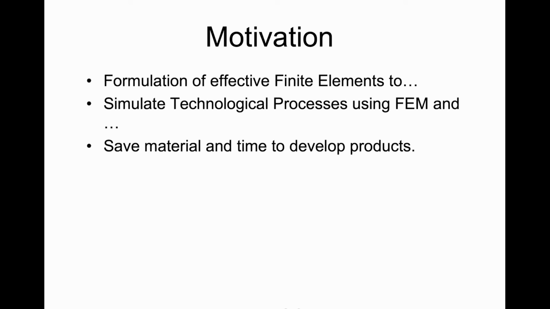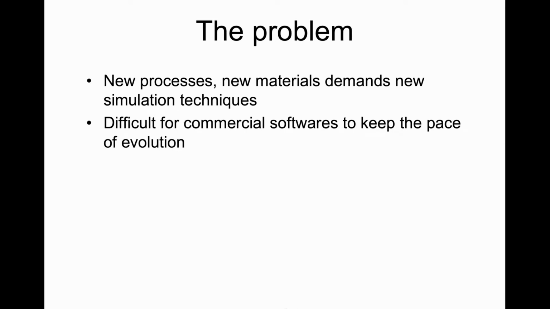So basically, during the years engineers were faced with different challenges in terms of simulation of new materials, new processes, either metal forming or composites or whatever you may think about. Every time engineering evolves, with new processes, new products, new materials, software needs to keep the pace and try to be as accurate and as efficient as possible.